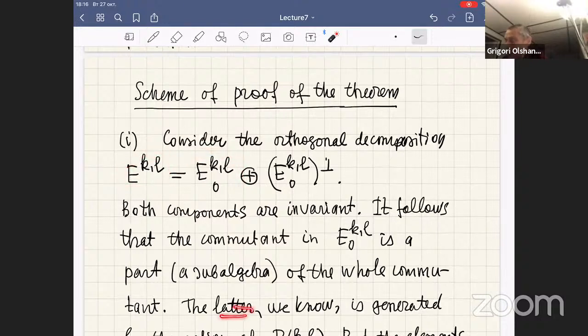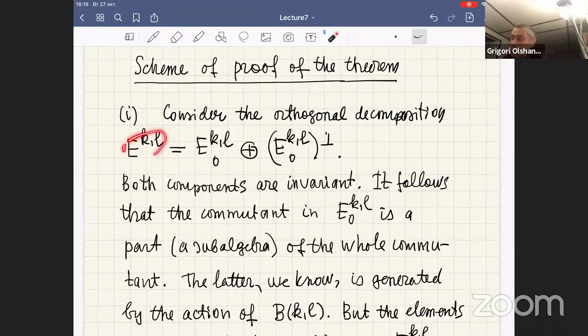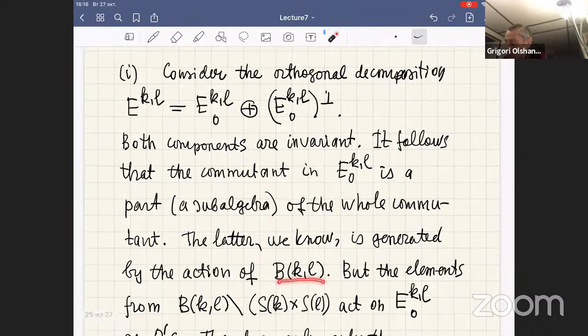But the latter commutant, we know what the operators from the commutant on mixed tensors are. It is generated by the action of a Brauer semigroup. But from the very definition of a Brauer semigroup, we see that if we take an element A which is not a group element, which contains some horizontal edge, then its action on this subspace gives us 0.